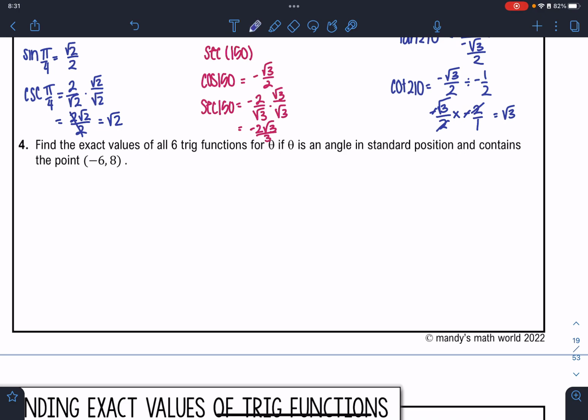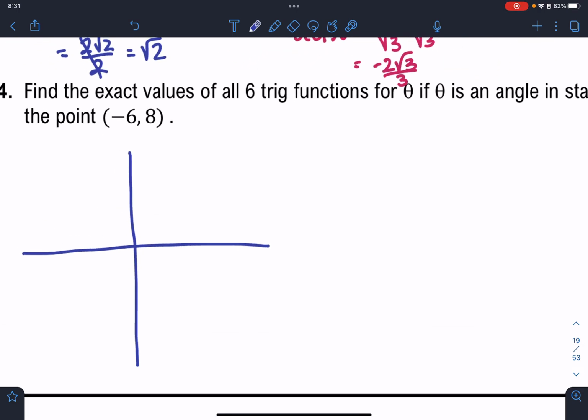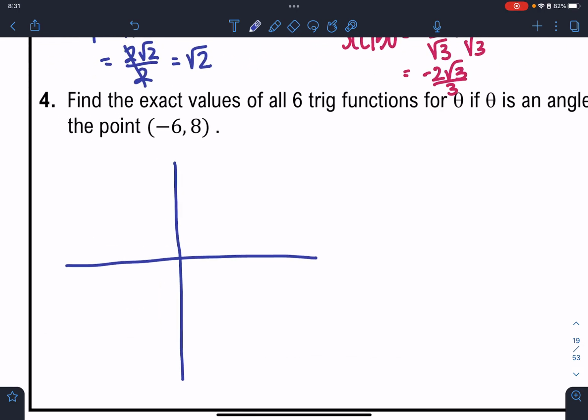Okay, and so let's draw a little picture here. And we don't need to make tick marks, that's fine. I know that I'm going backwards 6, I'm going up 8, okay? So I'm going backwards 6, up 8, I have a point right here. And so again, we're thinking about this point as like that radius, okay?